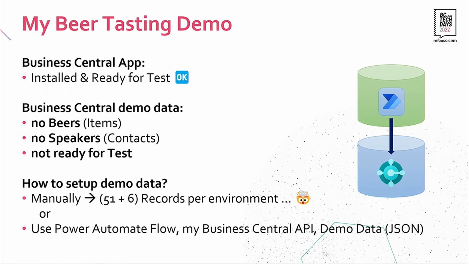For that reason, I do it automatically. I use a Power Automate Flow to import data in Business Central. To do this, I have set up this flow right in my development environment in Dataverse. And I use here some data based on JSON.